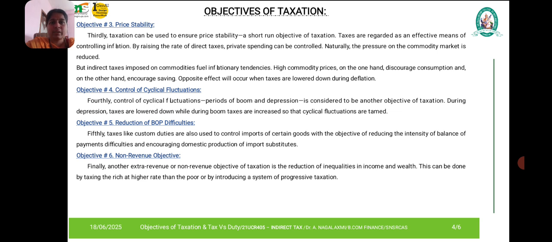If it is in an initial stage of growth, then it will attain some maturity, then it will grow again, then comes the regression period, the boom declines to regression, and then it comes back to the initial stage. These types of fluctuations have to be managed and controlled by the government with tax.